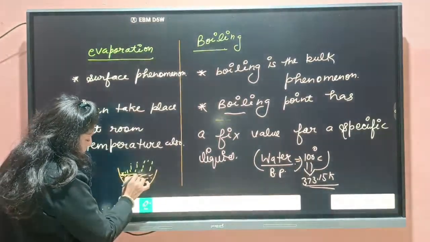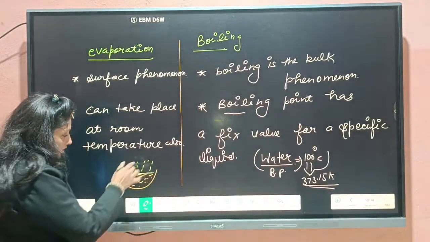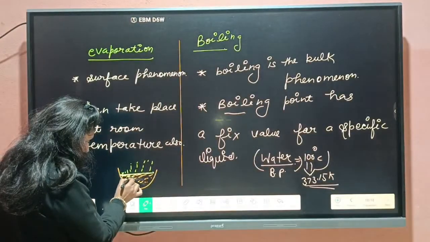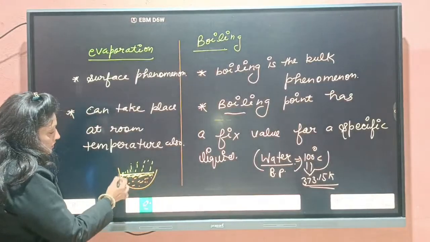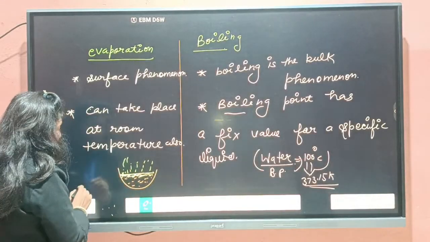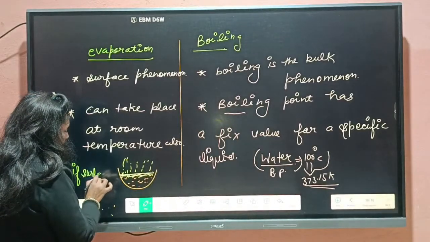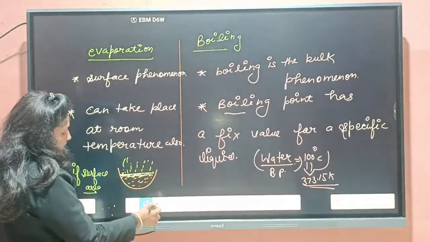After these particles present on the surface evaporate, then the next particles will evaporate. So this is a surface phenomenon. If the surface area increases, then evaporation also increases.